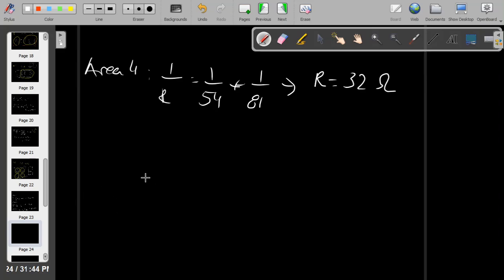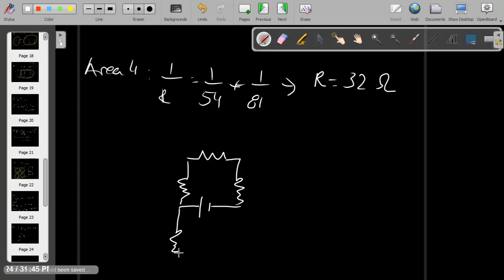Let me do the drawing of what we found. This is what we have right this minute. Another area of resistance, another one right here, and finally one here.